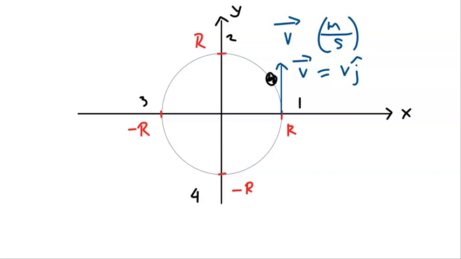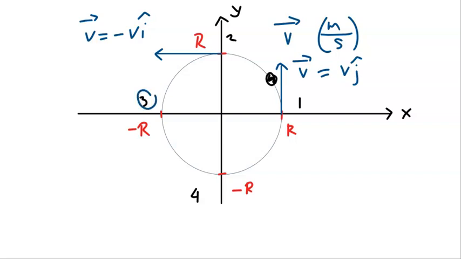Now what happens when the object is at point 2 here? At point 2, the velocity will be heading as shown. So this arrow is pointing leftward. So the vector v will now look like this, minus v i hat, of course in the unit of meter per second as well. Next, point number 3.